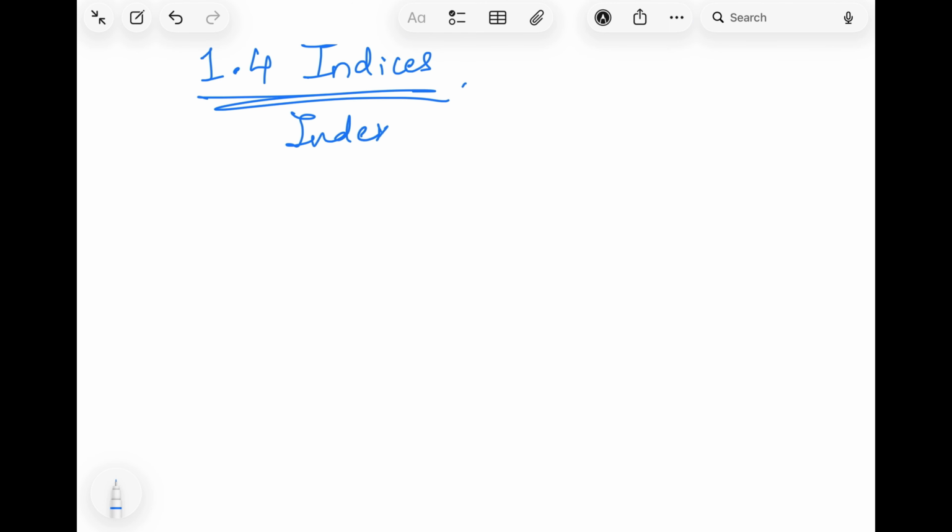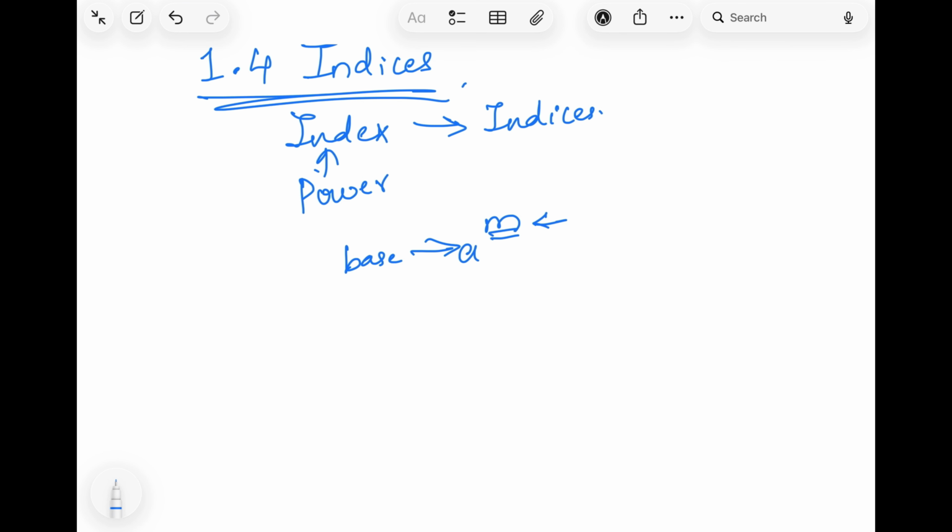Now what is index? Index is power. So something a raised to m. So this becomes our base, and whatever is written small above is our power or index. And when we have more than one index, it becomes indices. So this is what are indices.